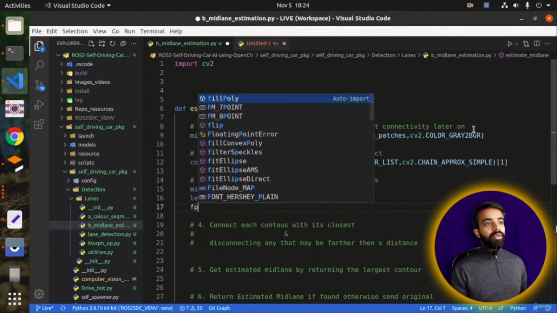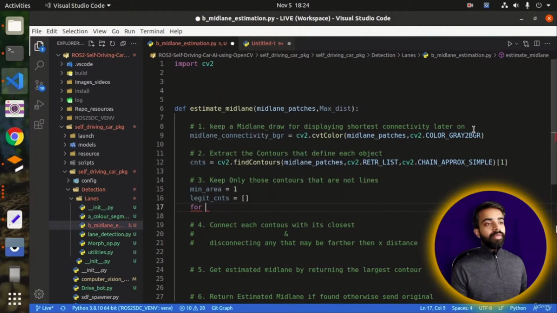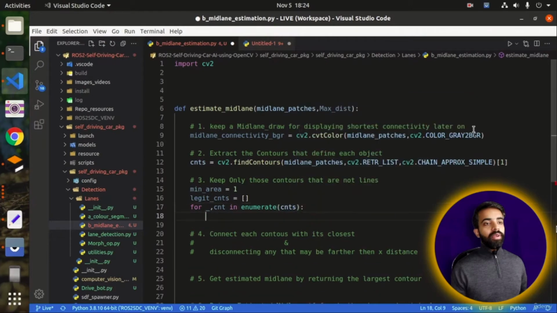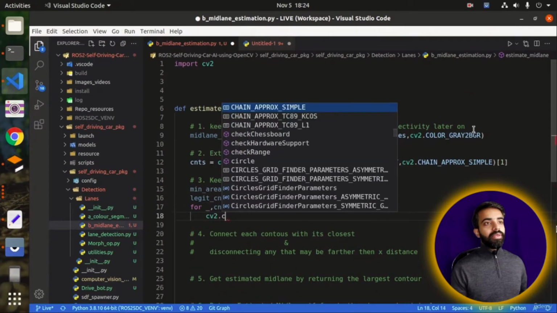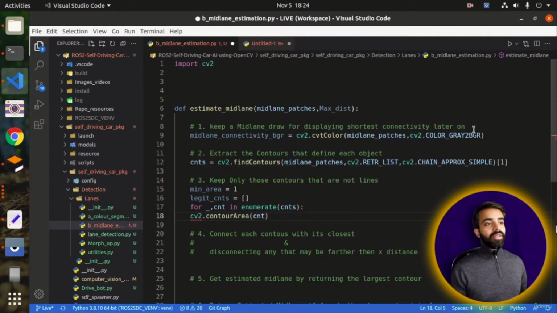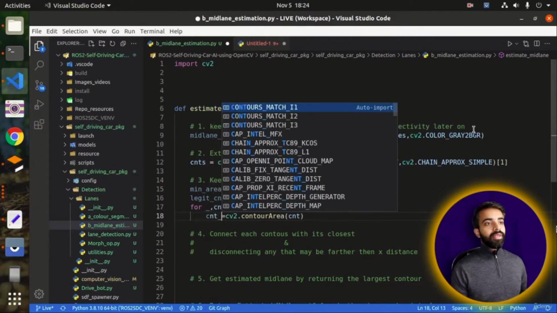Then we simply iterate over the contours that we have by writing for, ignoring the first value, and then extracting the contour in enumerate, and then providing the contours. Now once we loop over all of these contours, we extract the area by cv2.contourArea. We provide the contour, and the area that we got, let's name it contour area.